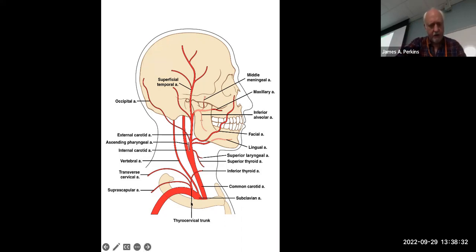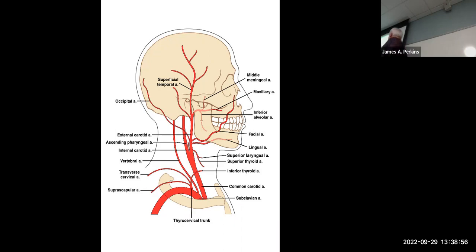So starting down in the thorax, eventually you're going to get a subclavian artery and a common carotid artery. Now, remember, there's a difference between left and right sides. In this case, we're looking at the right side of this person's body, but we don't see the brachiocephalic artery here. It should be there. It should be a little deeper.